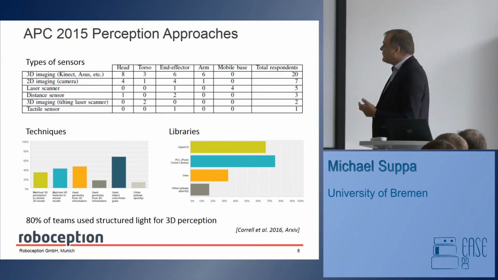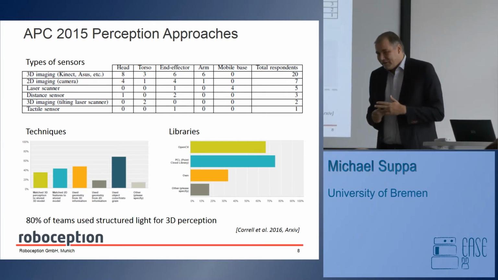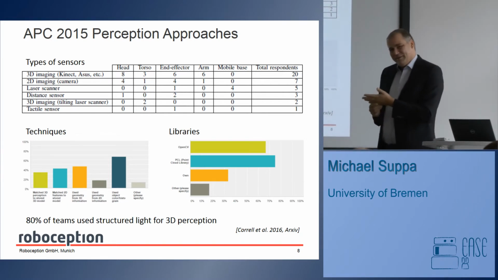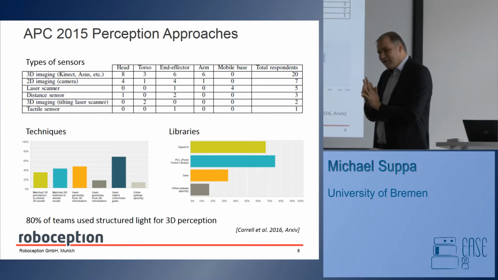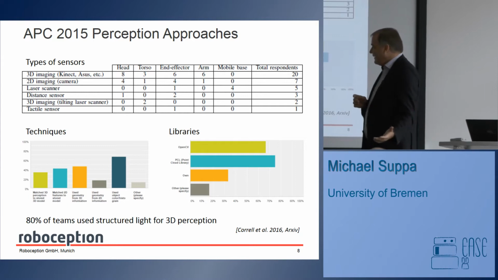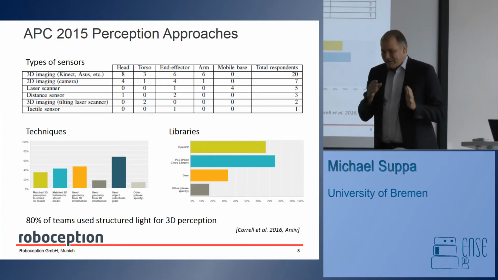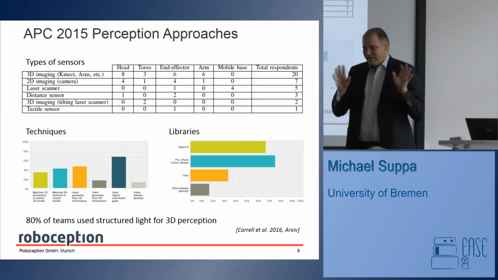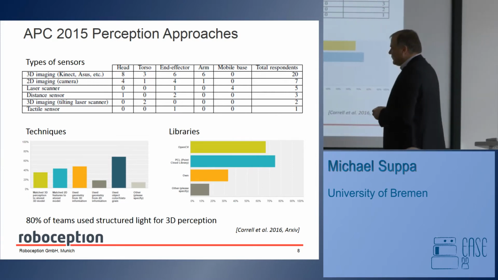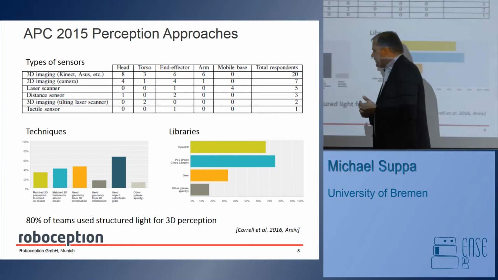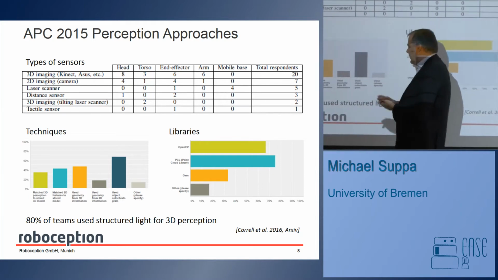If you come from industry, the saying is that no sensor is a good sensor because it adds complexity. So from a research perspective, you like to have as many sensors as possible. From the industry perspective, as few as possible, so that you can have a decent system design and complexity. Most people were using 3D perception matching to models and so on.